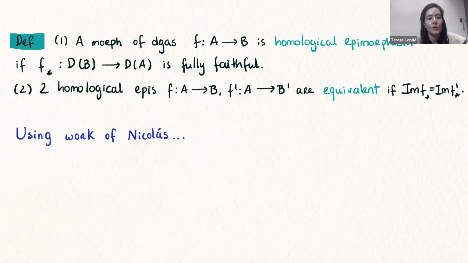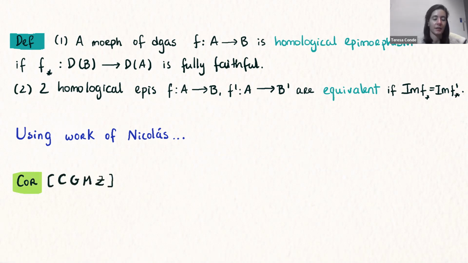Now, using the work of Nicolás, one knows that homological epimorphisms parameterize smashing localizations, smashing subcategories of the derived categories of DG algebras. So using this, we also obtain the following corollary.